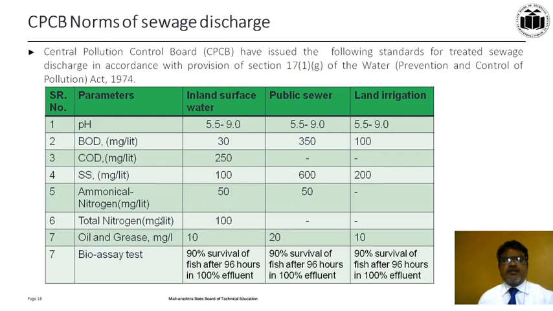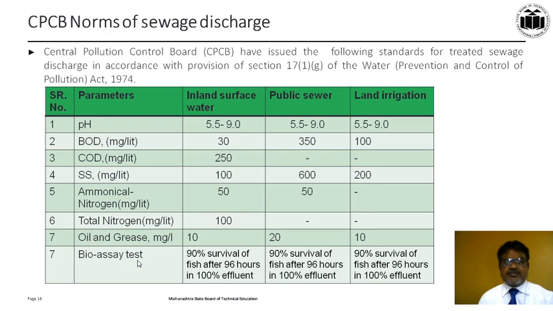Total nitrogen for inland surface water should not be more than 100 mg per liter. Oil and grease should not be more than 10 for inland surface water discharge, not more than 20 for public sewer, and not more than 10 for land irrigation.